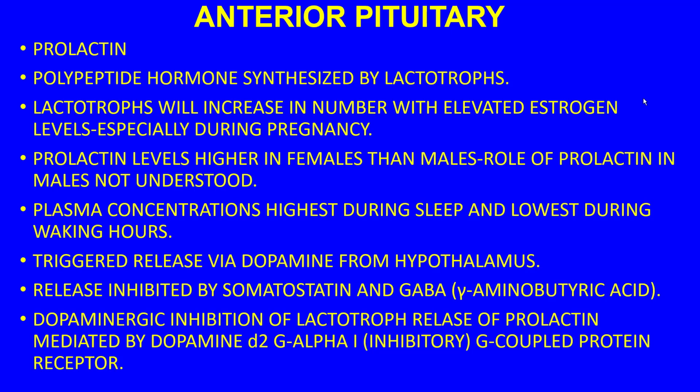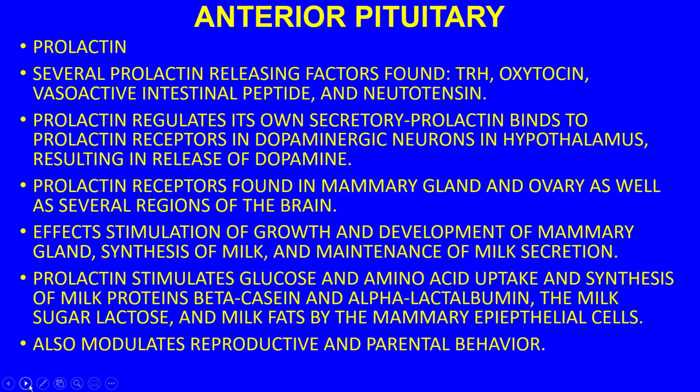Dopaminergic inhibition of lactotroph release of prolactin is mediated by the dopamine D2 receptor, which is a G-alpha inhibitory, that is, G-coupled protein receptor. Now, there are several prolactin-releasing factors found: TRH, oxytocin, vasoactive intestinal peptide, and neurotensin.